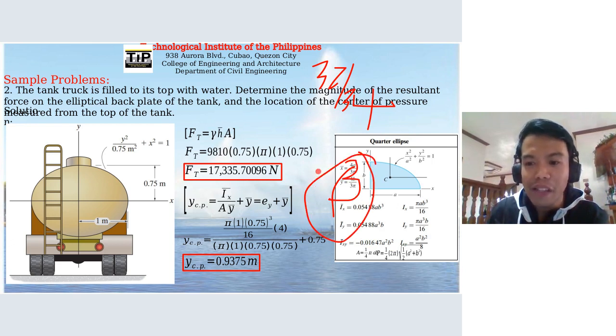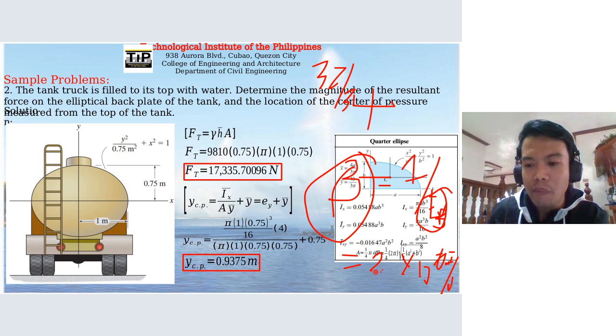No? So, yung beta, makukuha siya by dividing 1 by the E sub B. Okay? So, ano ata yun? 2 point something times 10 raised to negative 6 meter squared over Newton.